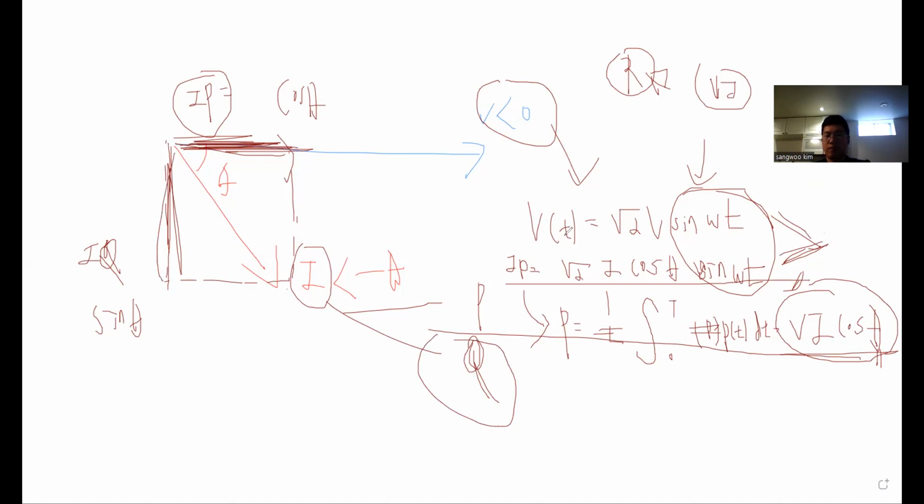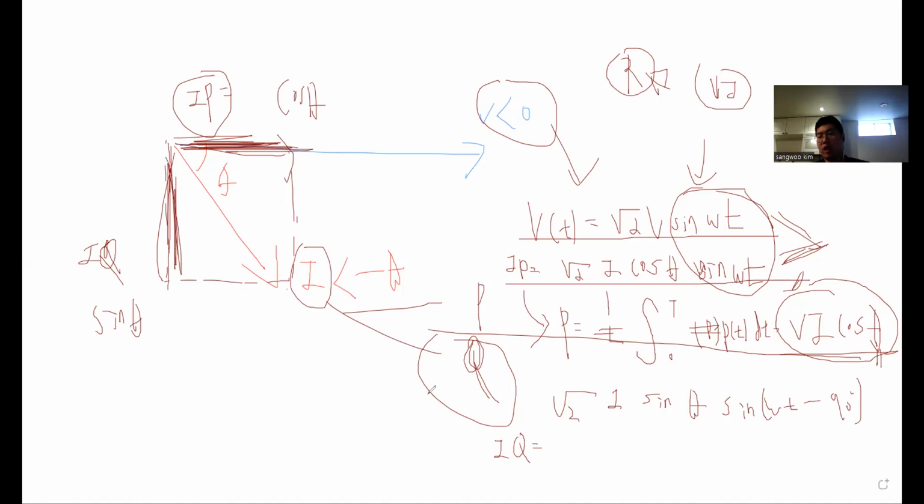So it's the same. From root 2, the IQ part is root 2 I, here just sine theta, right? Sine theta, but sine omega t minus 90 degrees. Why? Look at that. From V, I is 90 degrees, right?